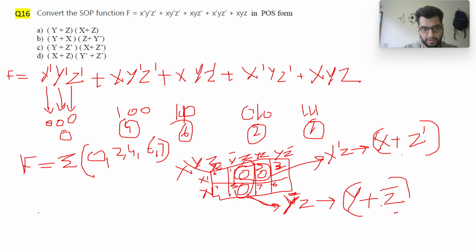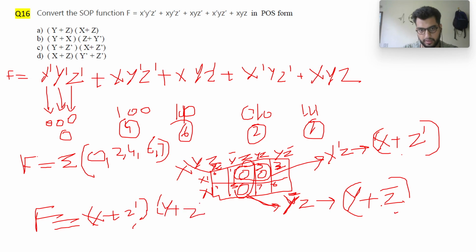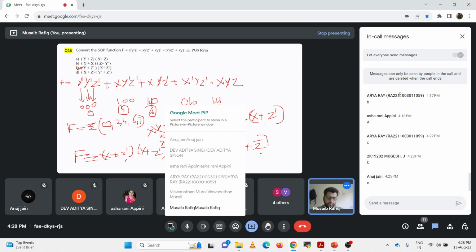So my final expression will be f is equal to x plus z bar times y plus z bar. That is option C is the correct answer. Some of the students had already solved it. That's nice. So this is how it's done. Any doubts? Please type in.